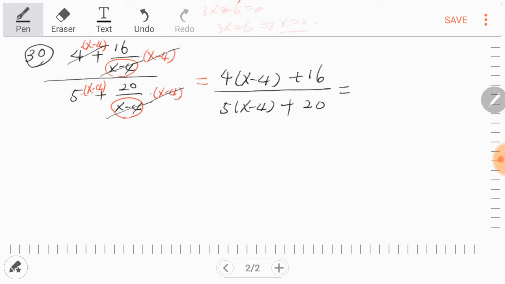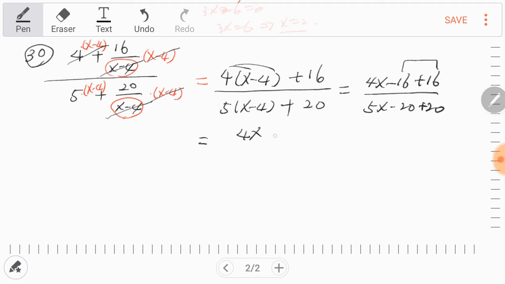And then the numerator, distribute to remove the parentheses: 4x minus 16 plus 16, over 5x minus 20 plus 20. Then this is equal to 4x. These two cancel out, 0, over 5x. And then x and x cancel out, 4 over 5. Okay, that's it.